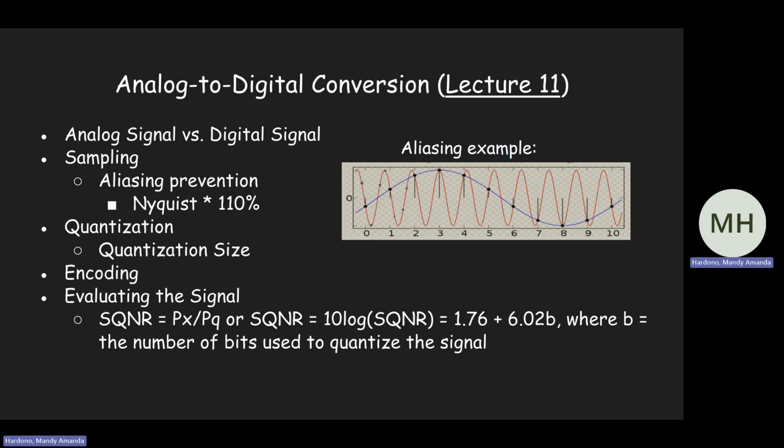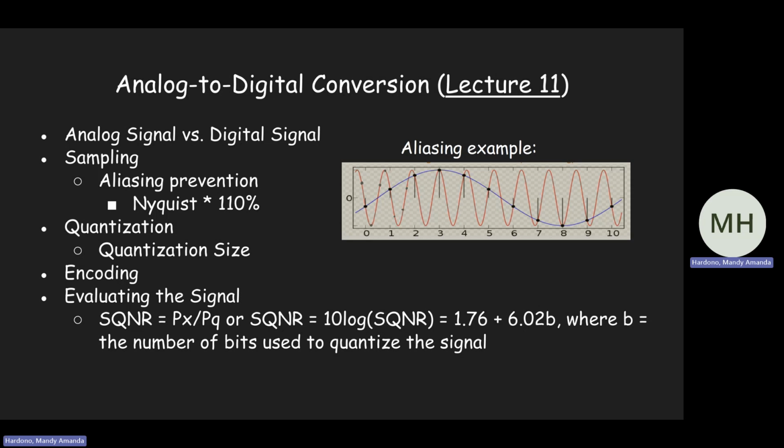Then we evaluate the conversion by looking at the signal to quantization noise ratio, or SQNR, which is the ratio of the signal power, represented as PX, to the noise power, which is represented by PQ. I forgot to mention that SQNR in dB equals 10 log SQNR.